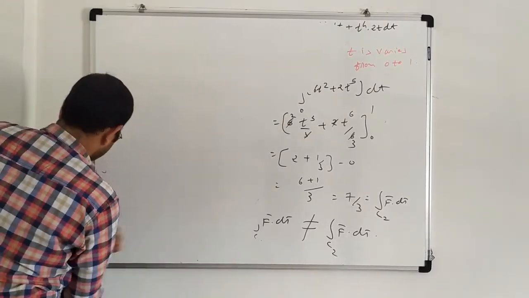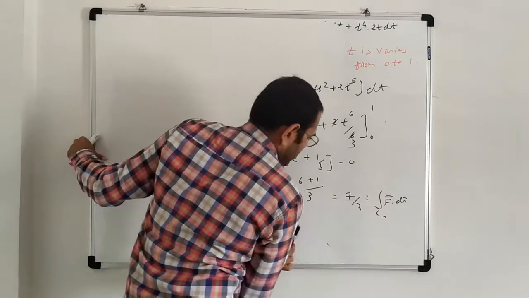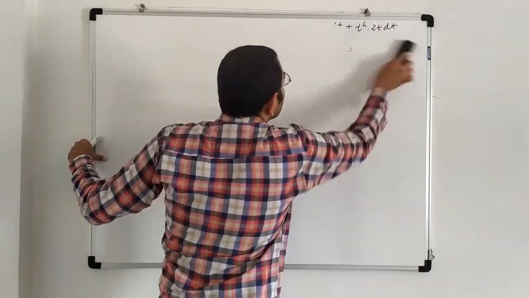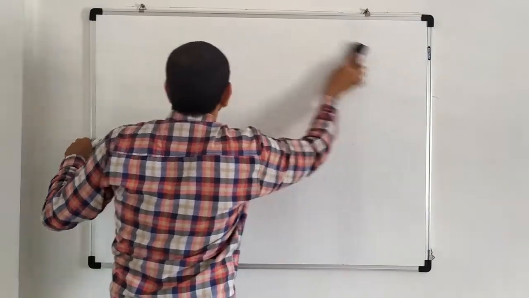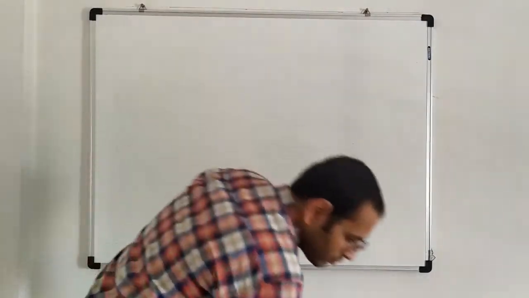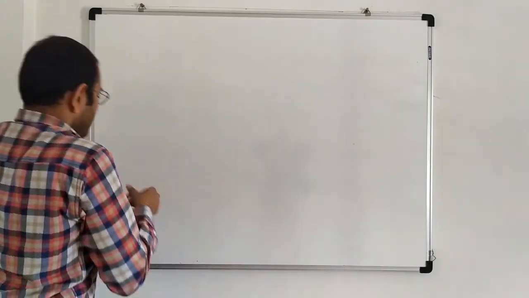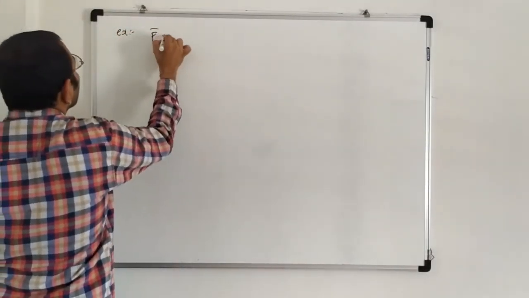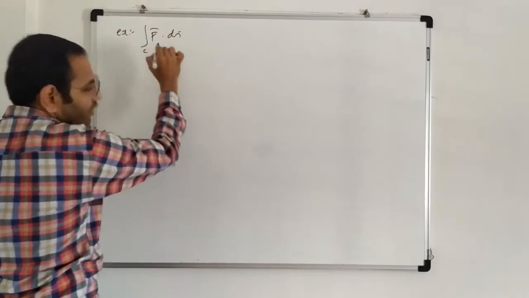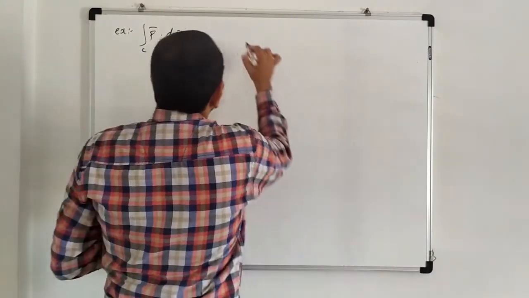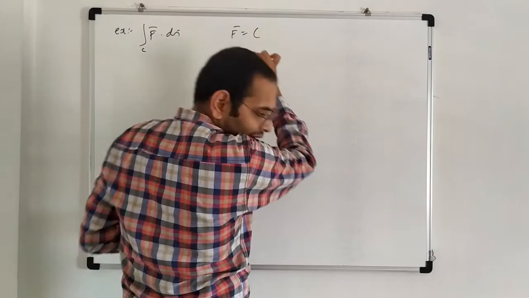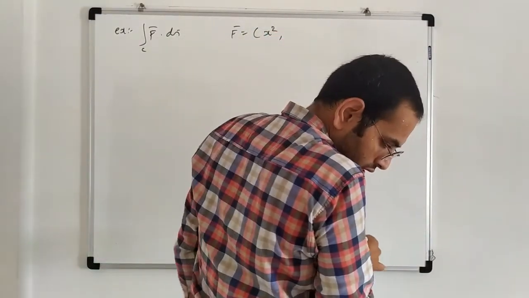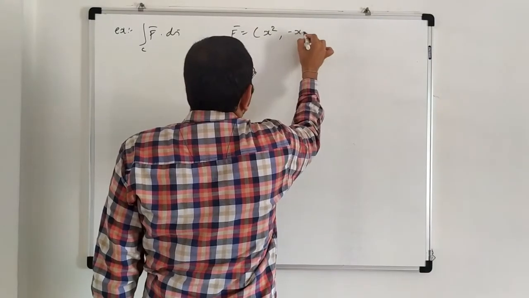Next example, as a tutorial. Find the integral of f bar dr, where f bar equal to x squared and minus xy.